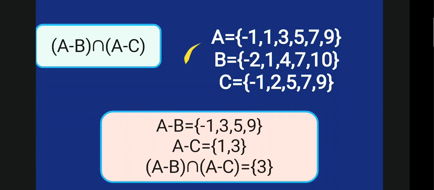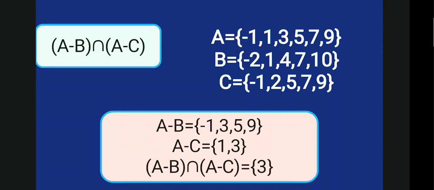Similarly, consider the sets A and C, because here we have A minus C. Cancel the common elements: minus 1, 5, 7, 9 are not all shared, so the common ones are 5, 7, 9, and the remaining elements are minus 1 and 3 from the set A, because A is the first set.